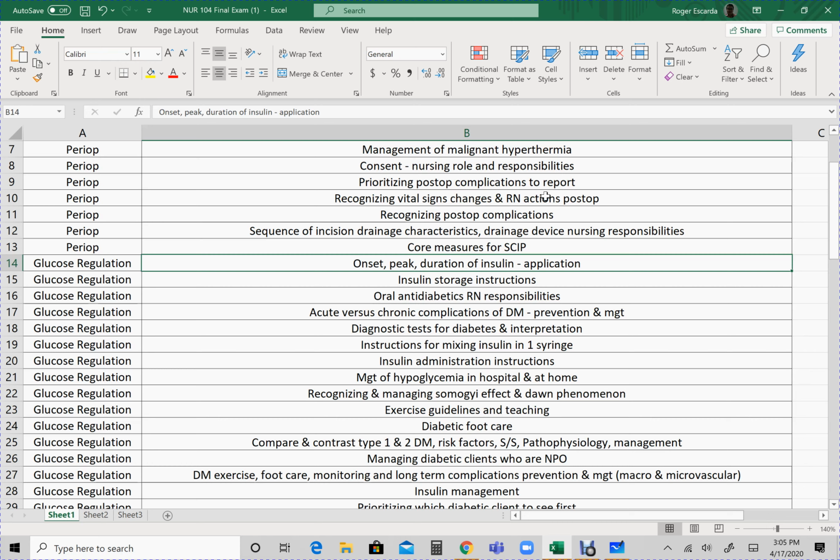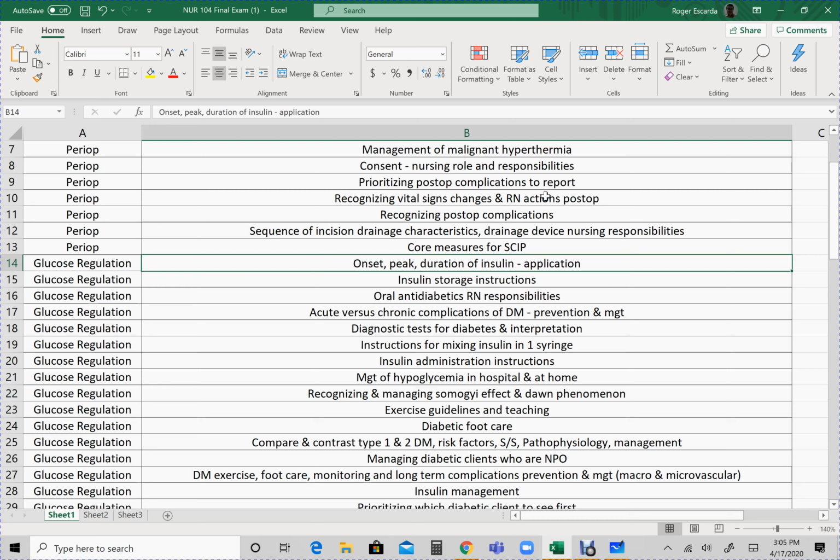We only talked about one acute complication, which is hypoglycemia. Chronic complications, though, we had several, from macrovascular complications to microvascular complications. So make sure you know prevention and management for each.